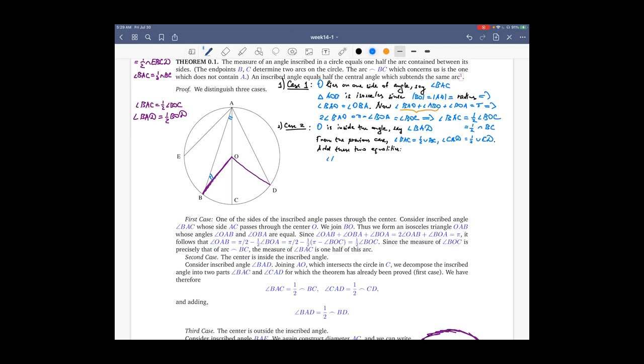So we get angle BAC plus angle CAD equals 1/2 arc BC plus 1/2 arc CD. On the one hand, angle BAC plus angle CAD is angle BAD.